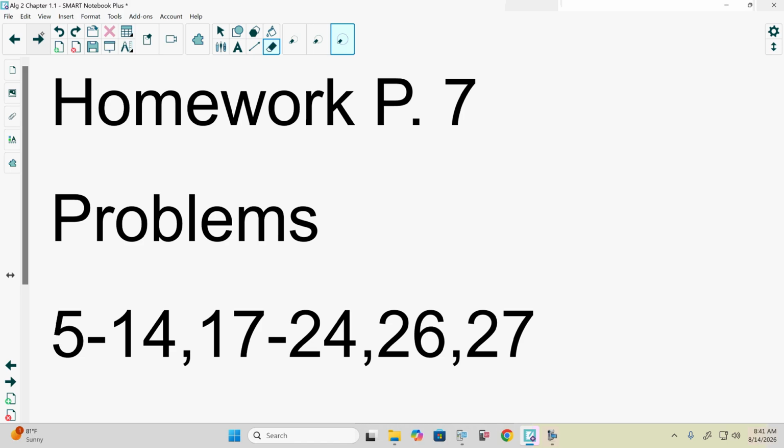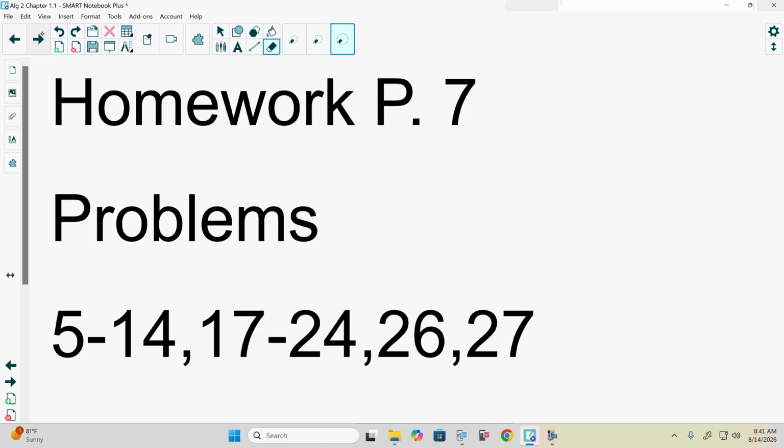Both of those are easily writable, or you can set a pattern. You don't have to use set builder. 7 through 14, interval notation. So our braces and brackets and our 2 numbers are 1 number and infinity. That's all we're doing there.